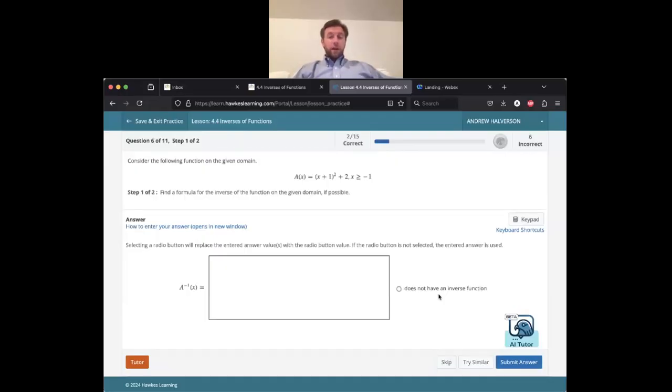All right, what's this one? Find the inverse. Okay, we can do it. That's fine. We can do this. So I'm not going to belabor this, but this is the function we're trying to find the inverse of, okay? All this over here is telling you what the domain is.